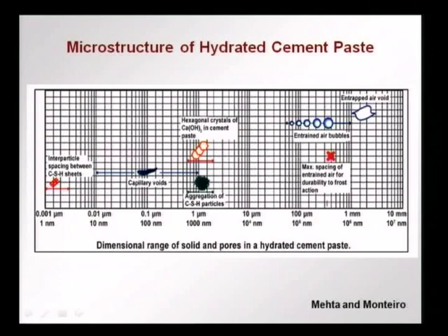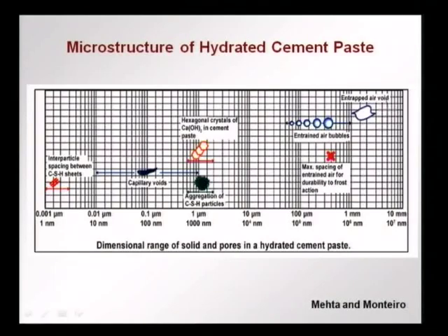There are admixtures which, when added to the concrete, produce tiny microscopic bubbles, several of them not connected, distributed in the mass of the hydrated cement paste, and this gives better freeze thaw durability to concrete, because when the water becomes ice it tends to expand, and these air bubbles give space for expansion rather than the water having to expand within the capillary pores and leading to cracking due to this expansion.